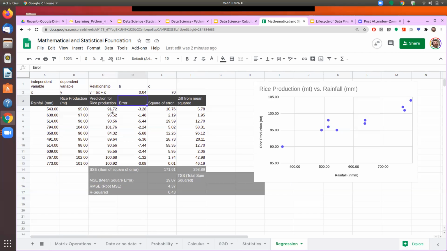If we have more than one independent variable, we can denote them by x1, x2, x3. If we have only one, we can just denote that by x. And the item which we are trying to predict is called the dependent variable, which is y. The purpose of regression is to find out this relationship.